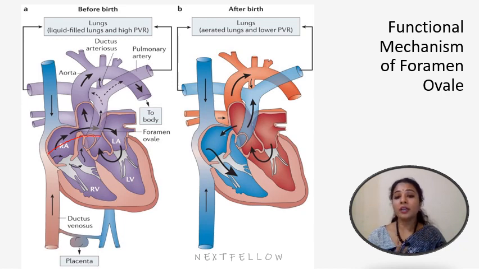So it can't meet the oxygen demands of the tissues. Initially the patient will be asymptomatic, but later when he grows up, when the physical activity is more in the child, that time they will start feeling exhausted very soon. So that time it is usually discovered that there is a persistent foramen ovale.